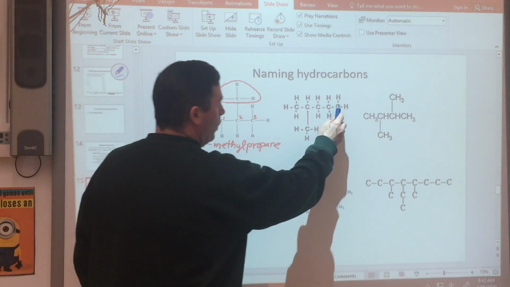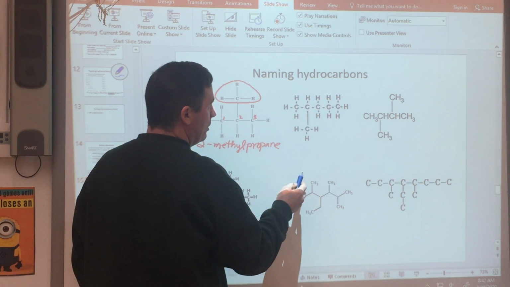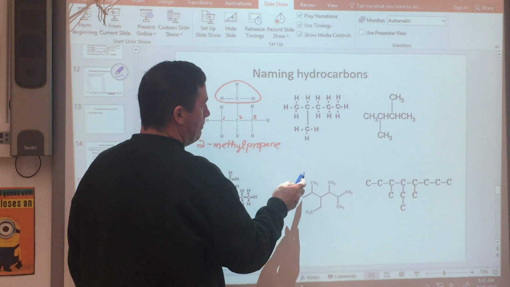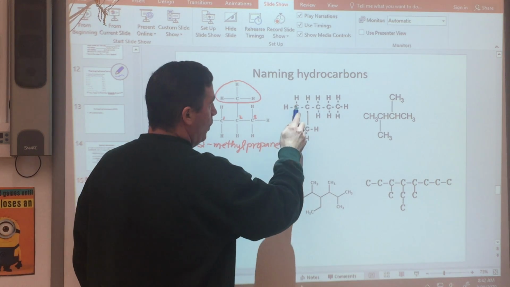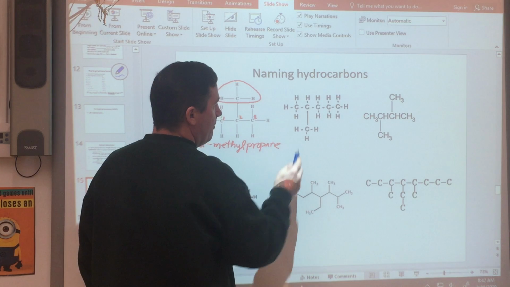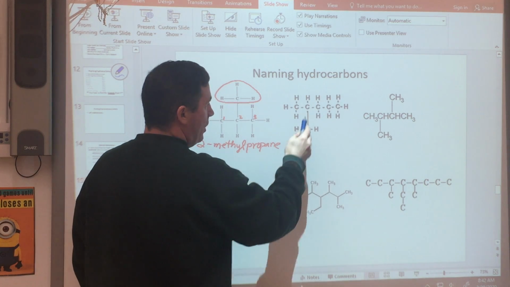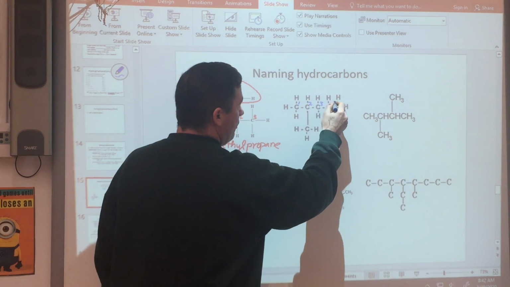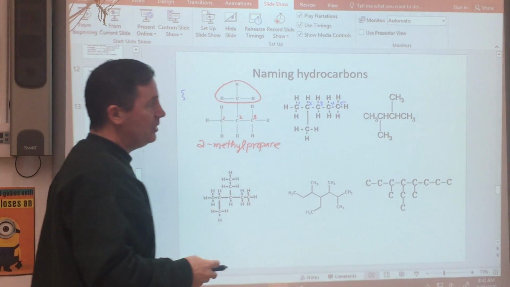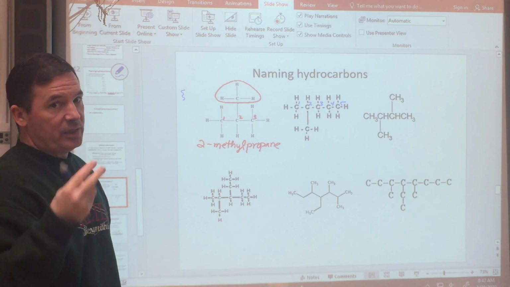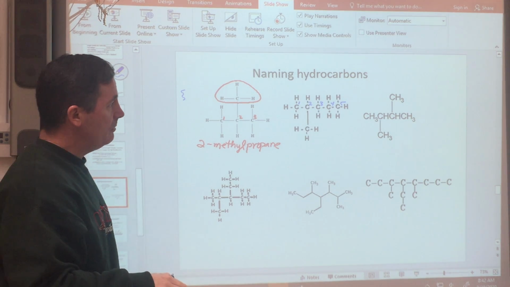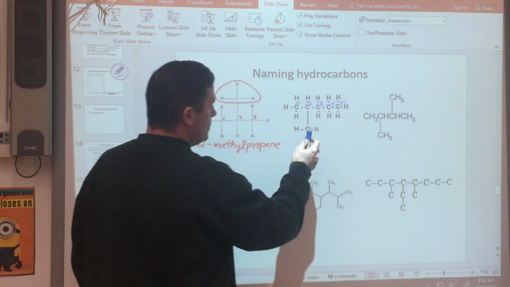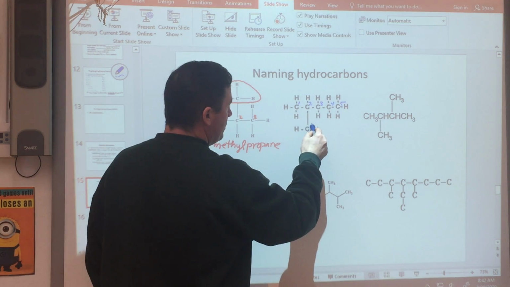So if I went 1, 2, 3, 4 methyl, that's higher than 1, 2 methyl. So I'm going to go from left to right, 1, 2, 3, 4, 5. I'm going to go with 2 because 2 is lower than 4.